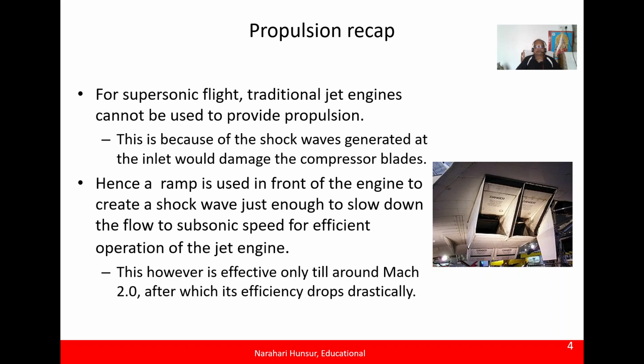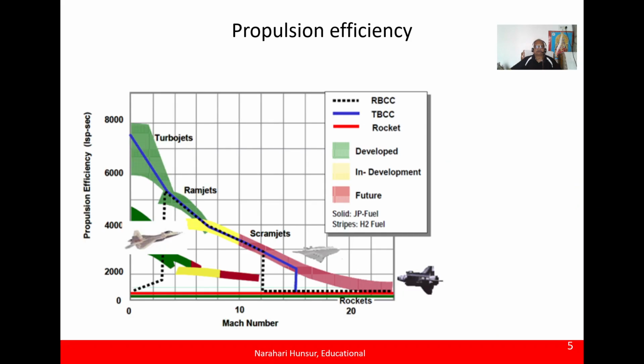It's a Mach 2.2 transport aircraft. These create oblique shock waves which slow down the flow, oblique shock waves followed by normal shocks, to subsonic speeds for efficient operation of the jet engine. This is, however, effective only till around Mach 2, after which the efficiency drops because of losses due to shocks.